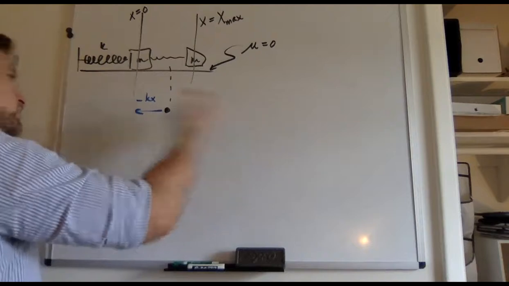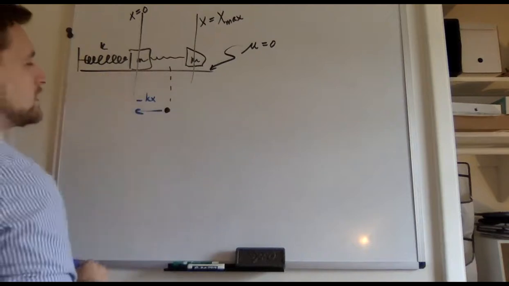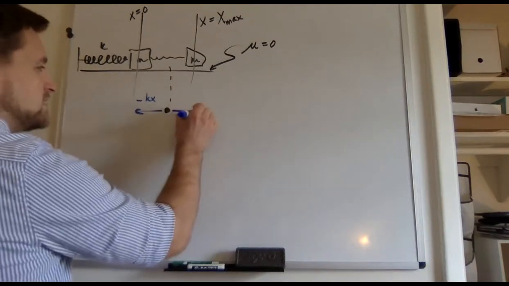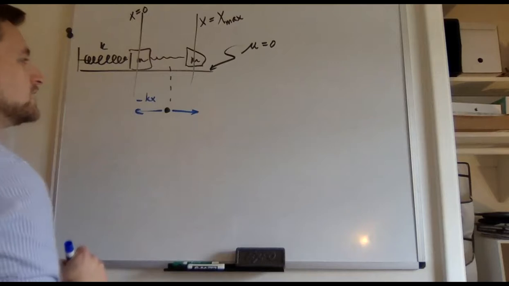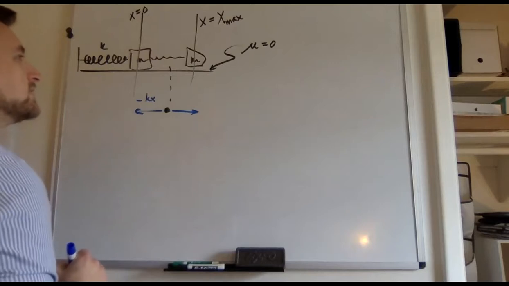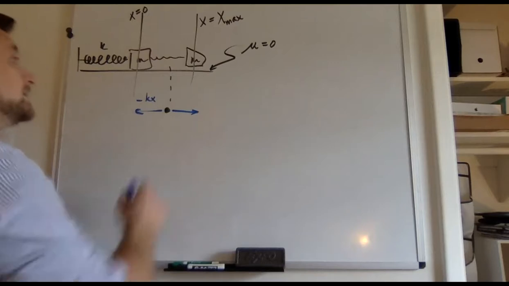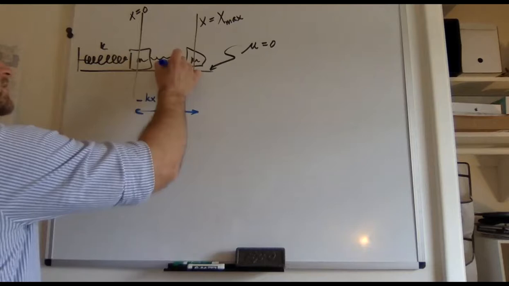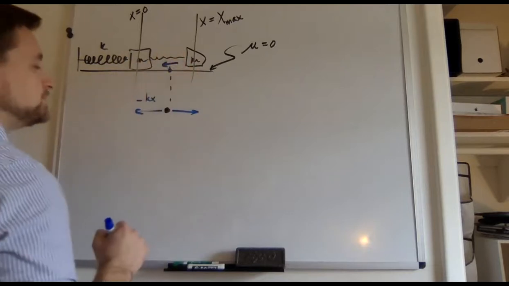But because we're moving this way, there's air resistance trying to push us the other way, trying to slow us down a little bit relative to the way that we're going. Because at this point, we're going that way.